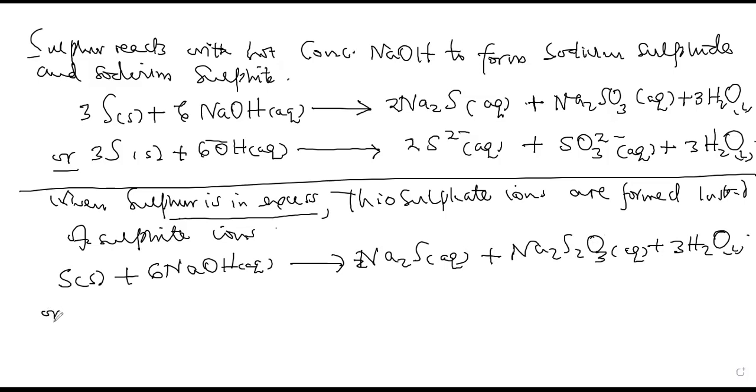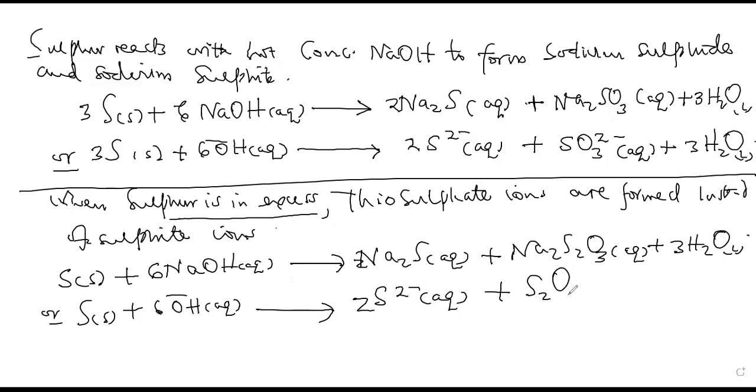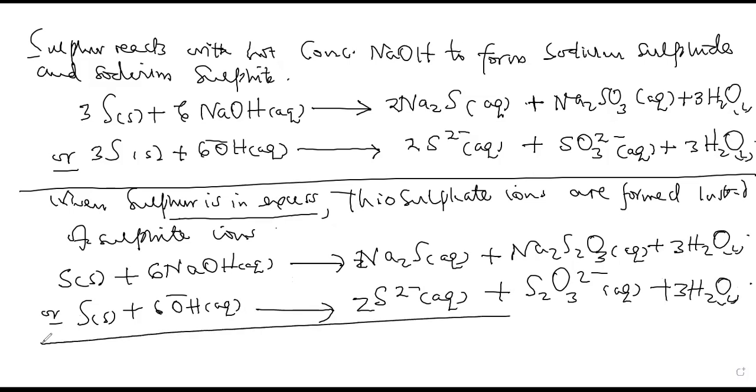Ionic equation would be sulfur plus six hydroxide ions to form sulfide ions 2 plus thiosulfate, and then 3 molecules of water. So that is for the case of when sulfur is in excess.